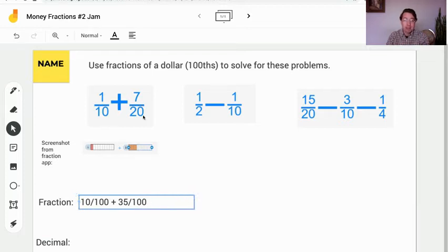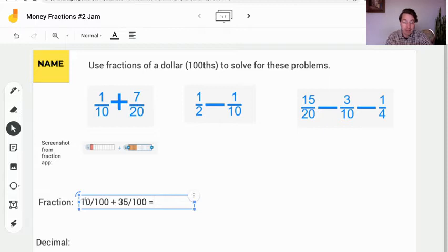They have the same denominator. Like I said in class, you cannot add or subtract fractions if the denominators are not the same. Because the denominator will stay the same for each. If they're the same, then in the answer it will also be the same. So whatever answer we have here will also be in hundredths. 10 hundredths plus 35 hundredths.